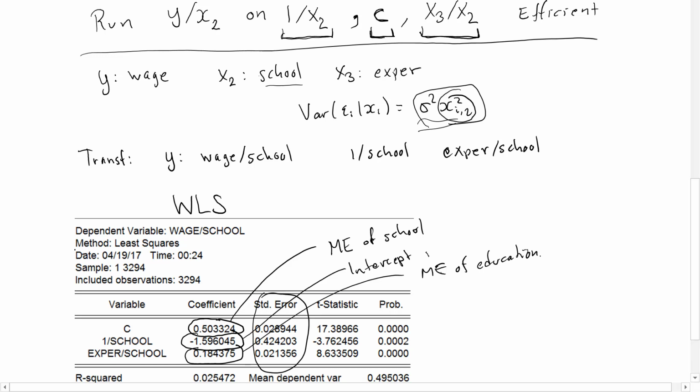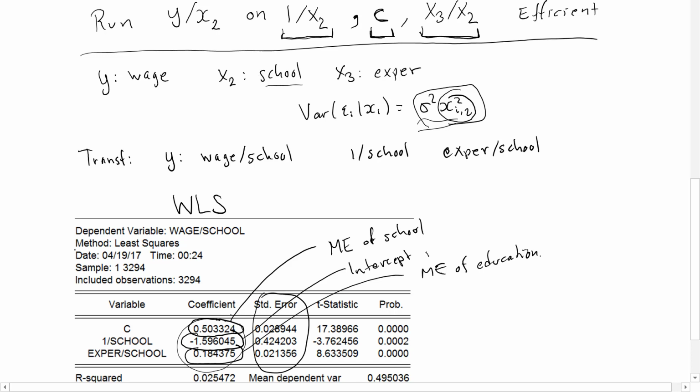I'm basically just dividing both sides by the square root of this part, which is xi2. If I had assumed instead that the variance of the error term was sigma squared xi3 squared, then the transformed model would be different and the estimates would be different.